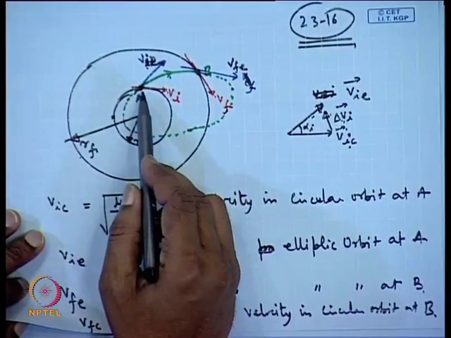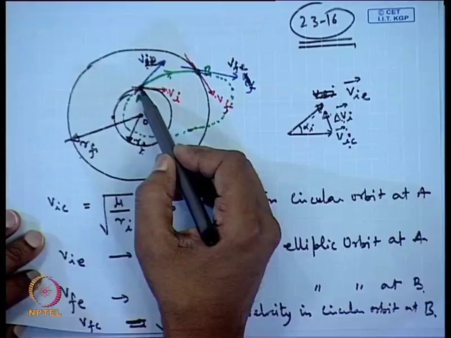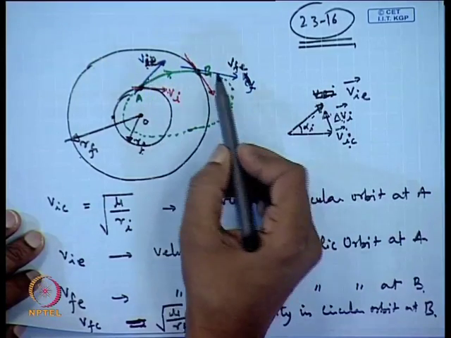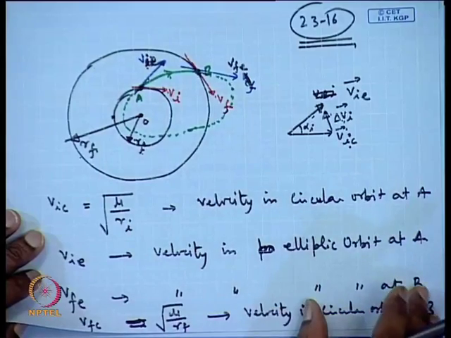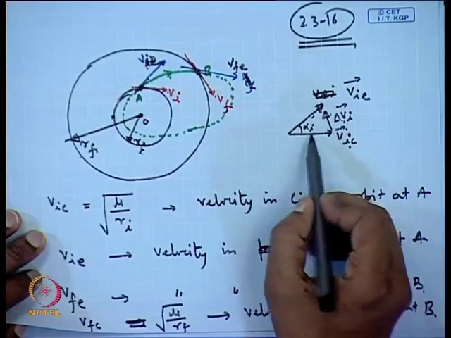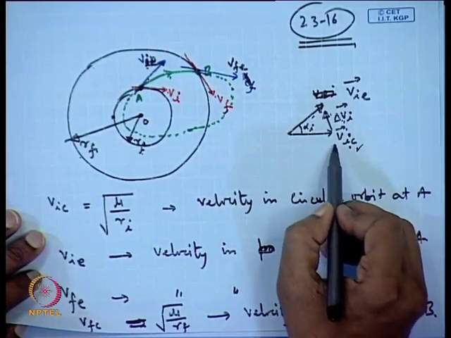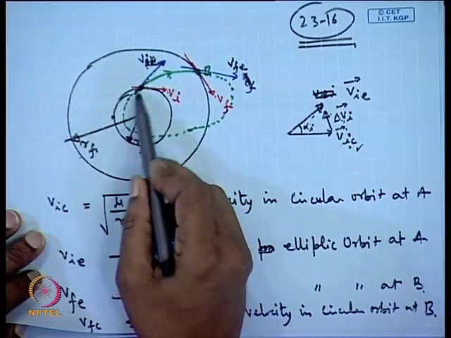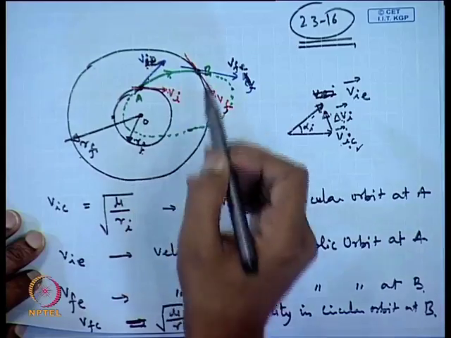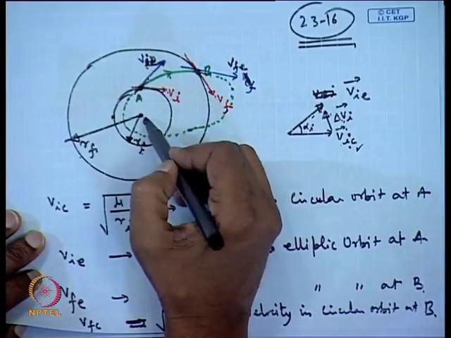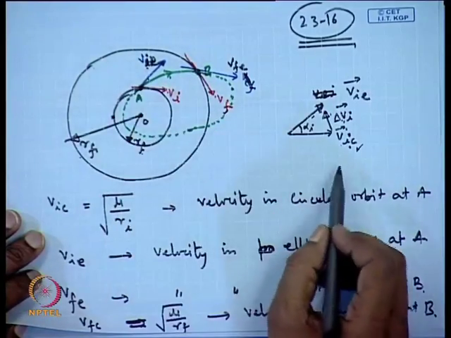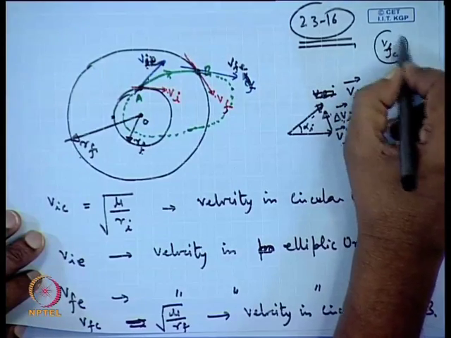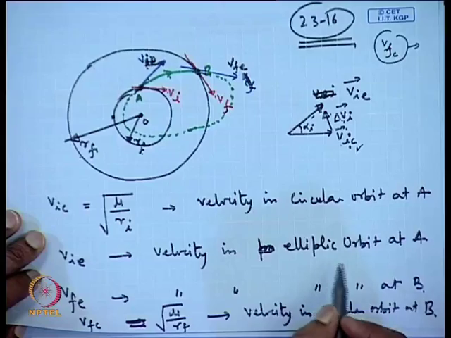So, for this kind of treatment we need to generalize further how to find out the delta V required at this place and the delta V required at this place. For that, V_IC is given, which is the speed, the velocity in the circular orbit, and similarly the velocity in the outer orbit is also known to us, which is V_FC. So, this is the velocity in the outer orbit.